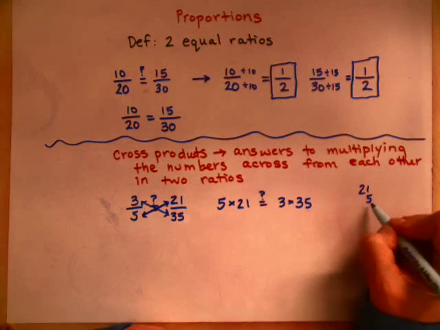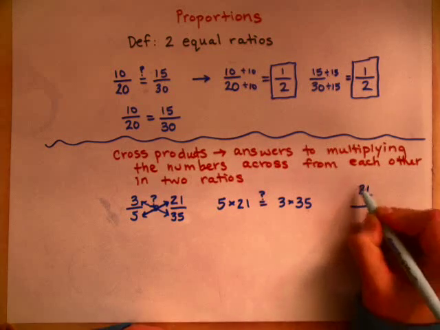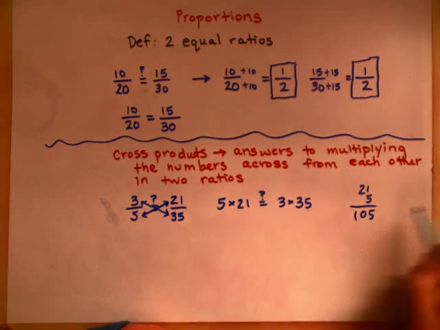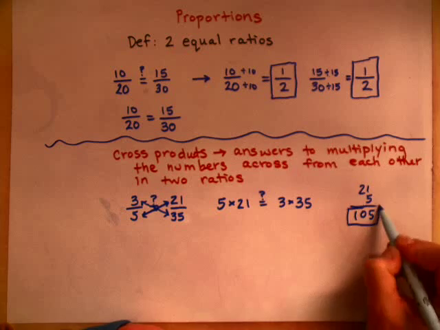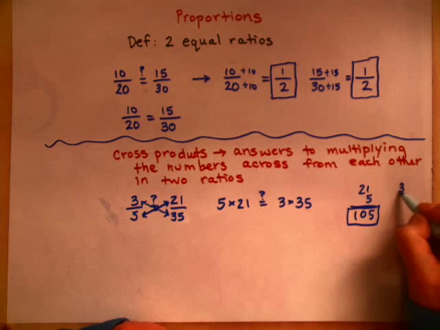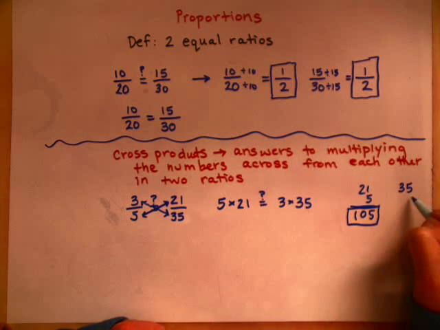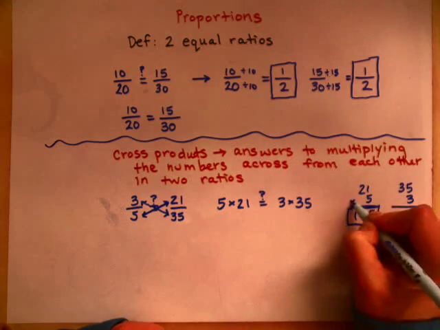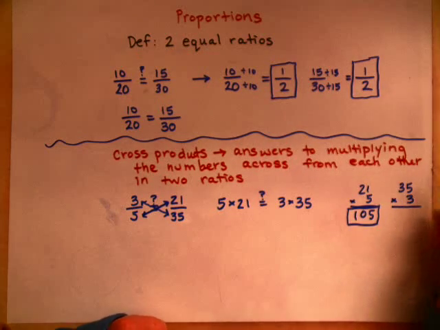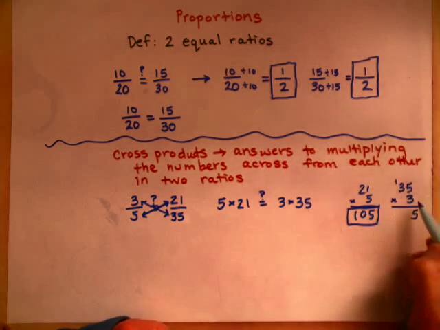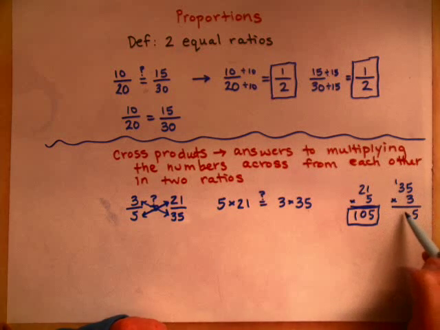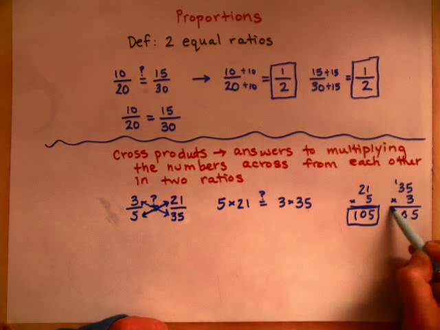21 times 5. 5 times 1 is 5. 5 times 2 is 10. So I got 105 as one of my cross products, and then 35 times 3. 3 times 5 is 15. Carry the 1. 3 times 3 is 9, plus 1 is 10.